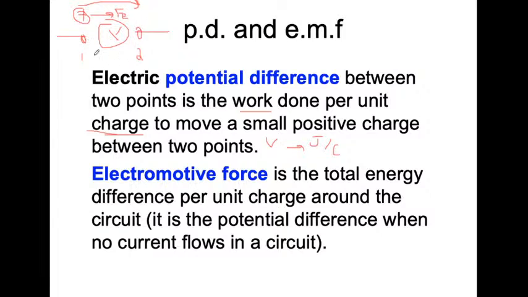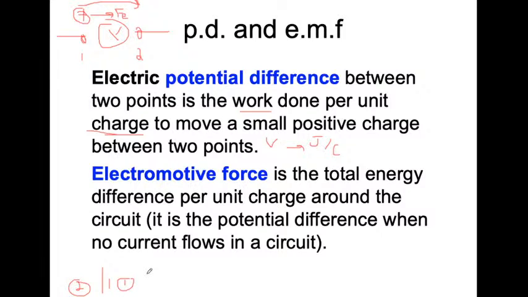That's between 2 points that are not on either side of the cell. But the electromotive force, right now we're looking at the difference between 2 points, point 1 and point 2 on either side of my cell.